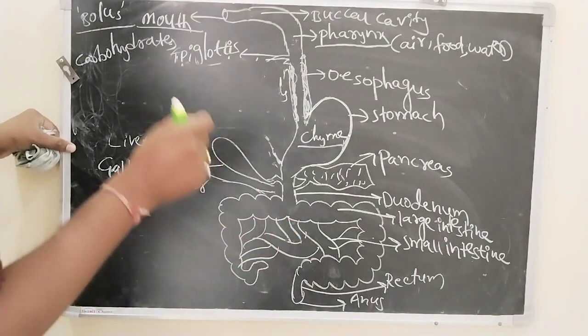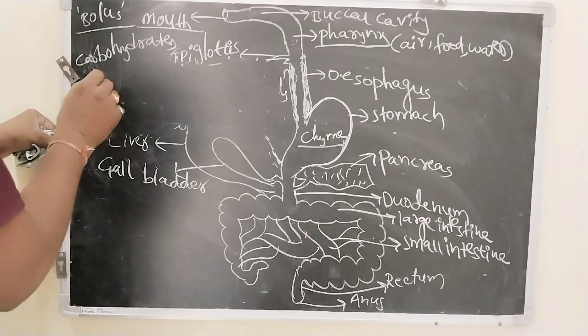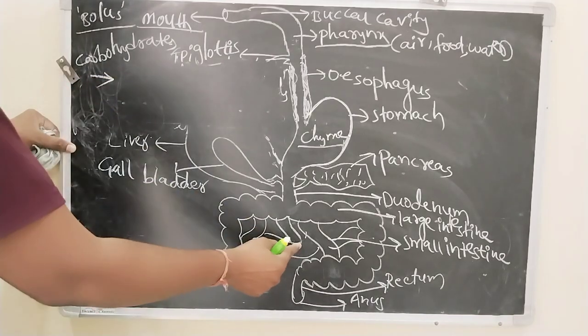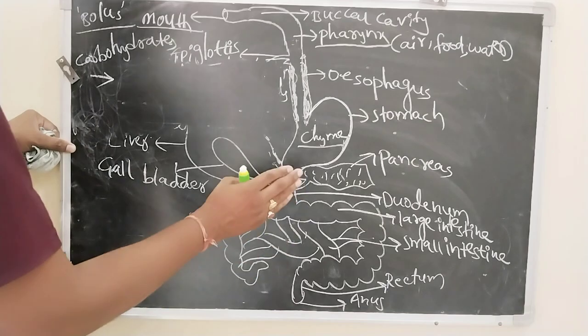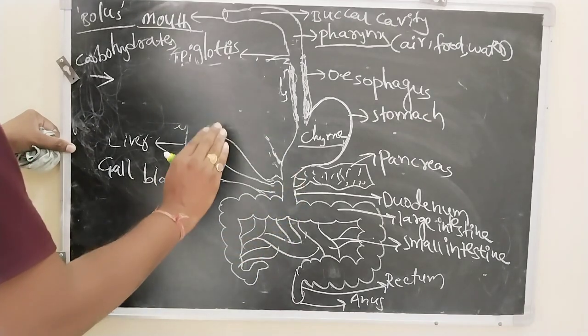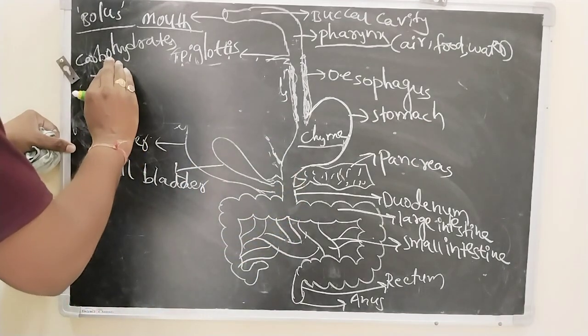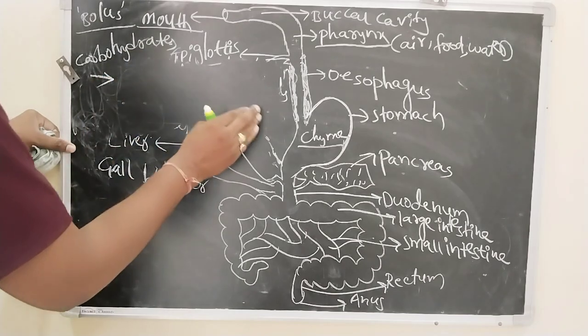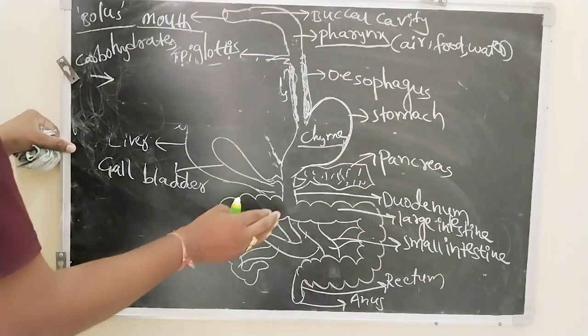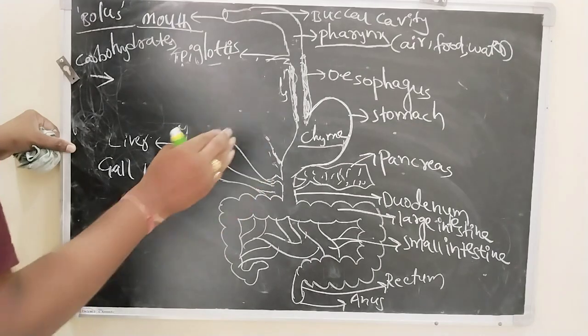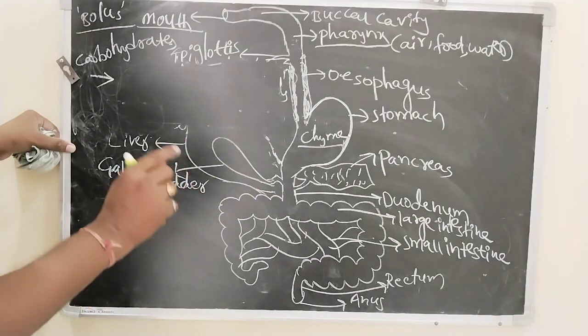This is called absorption. So see, first of all, what happened? Food is digested. What is digestion? The conversion of complex food molecules, meaning carbohydrates to glucose, proteins to amino acids, fats to fatty acids and glycerol, with the help of digestive juices and digestive enzymes, is called digestion.